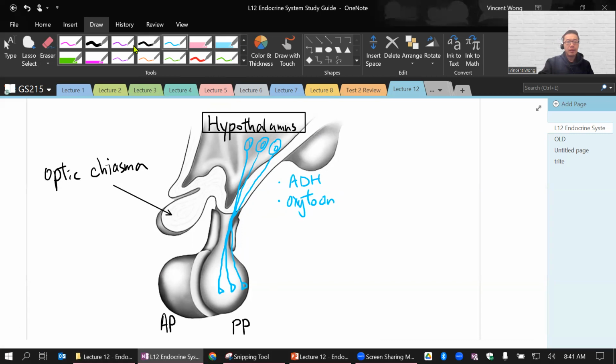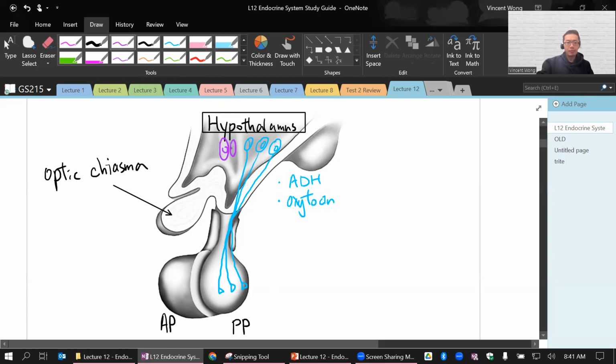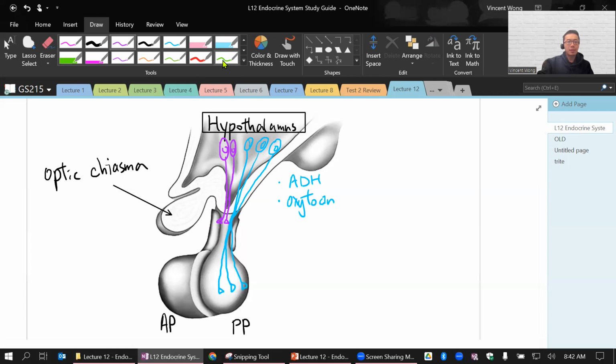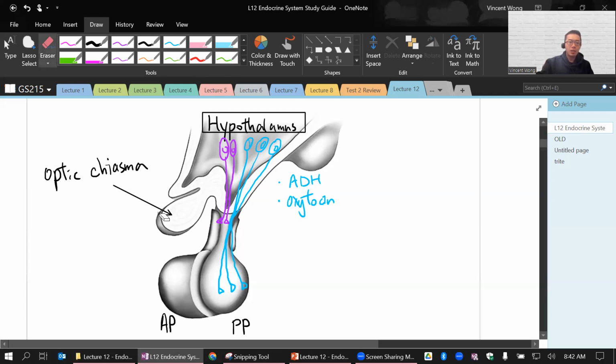Okay, we have another group of neurons here, and they have their axons extended and then they just stop short at the infundibulum. And what happens is, like I told you last time, they will be secreting two kinds of regulating hormone. So it'll be secreting releasing hormone, as well as inhibiting hormone, right?